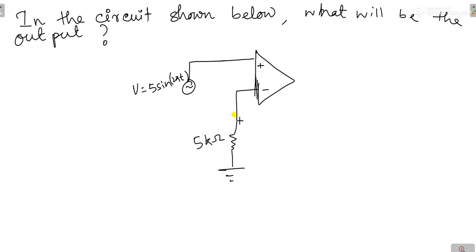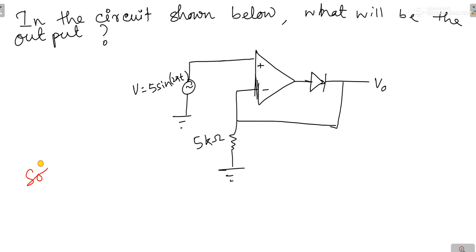This is ground. There is a diode connected to the output, and this is V0. Also this is connected to the ground. So writing the solution.